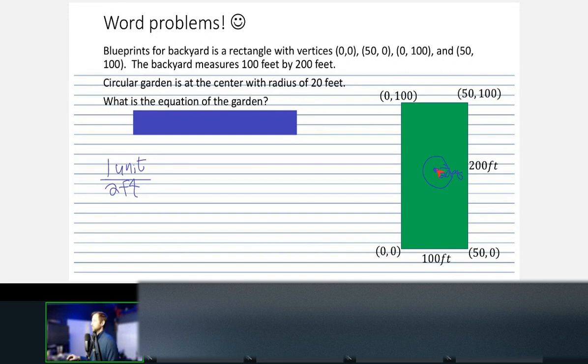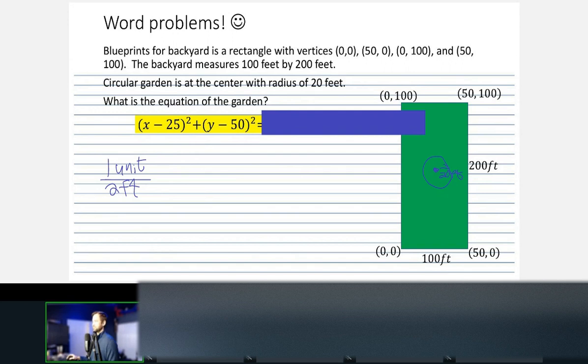You don't have to use the midpoint formula unless you really want to. You'll get the answer the same way. So we fill that in, and we get 25 comma 50. So there's that part of the equation. And then what is it going to equal?